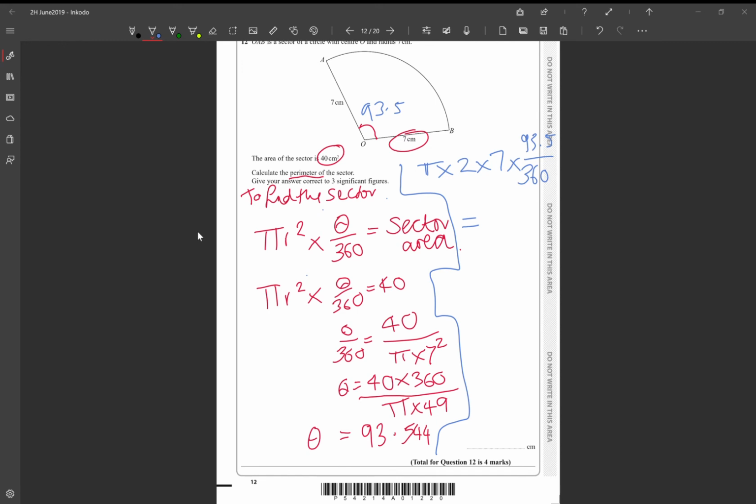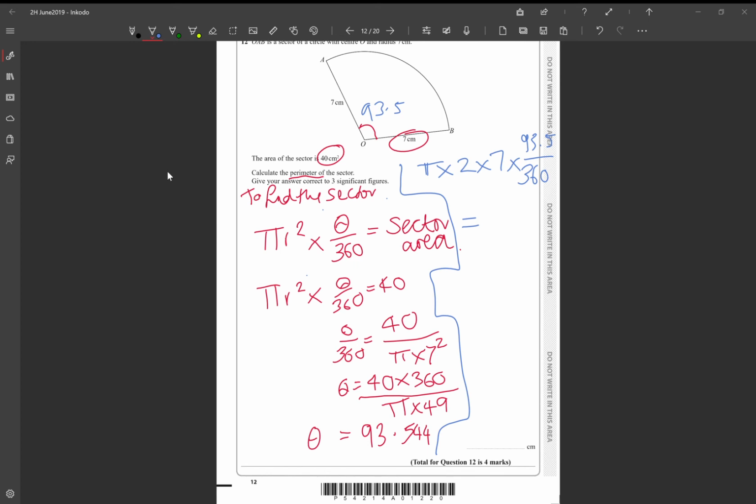Let me just do that again. So pi times 14, that should give us a total, and then times that by 93.5 divide 360. Sorry, just do that again. Sorry about that.